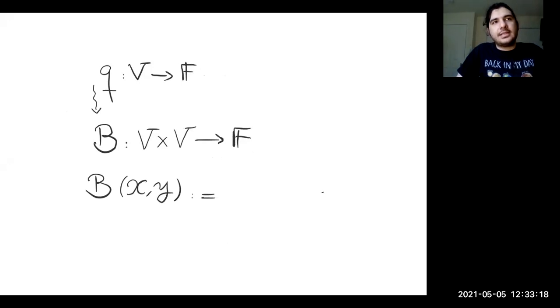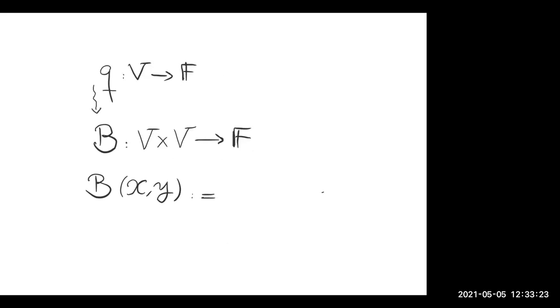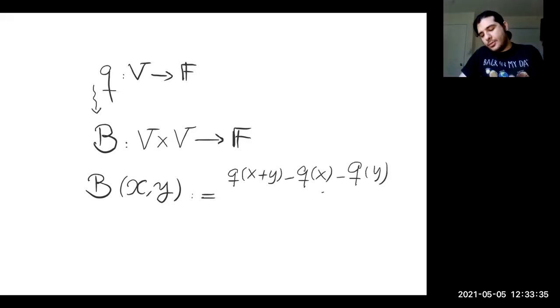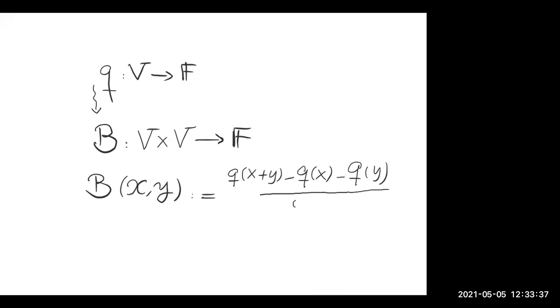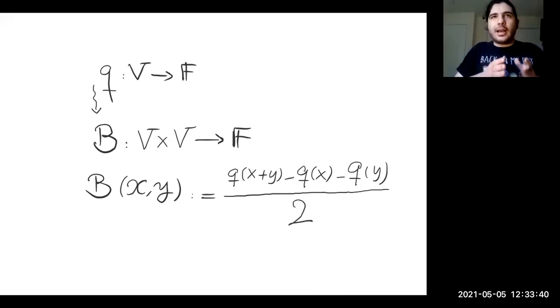Does anyone know what is the answer here? B of X, Y equals Q of X plus Y minus Q of X minus Q of Y, all over 2. Yeah, that is correct. So in other words, another answer to your question is that quadratic forms are really just in one-to-one correspondence with bilinear forms, and we know what bilinear forms are. Okay, great.